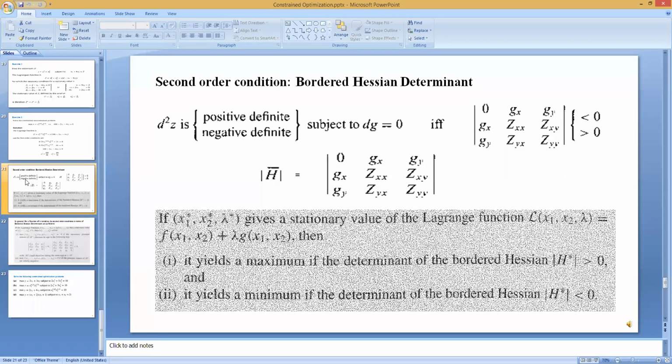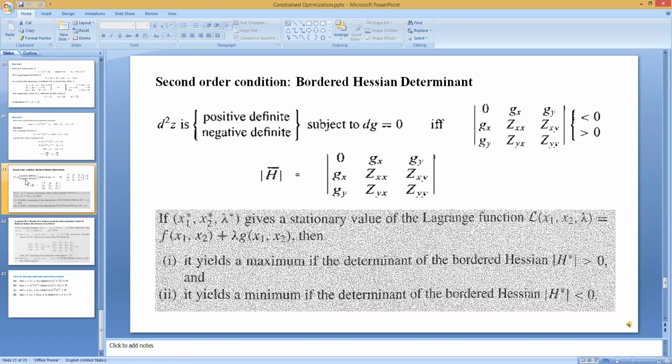Is that okay for everyone? If d squared z is positive definite, that means all leading principal minors are positive. In that case, z is strictly convex.